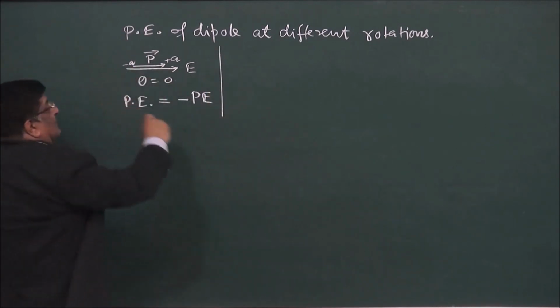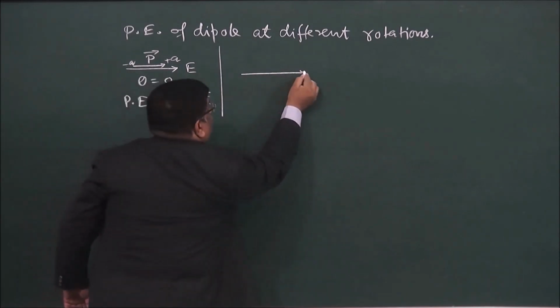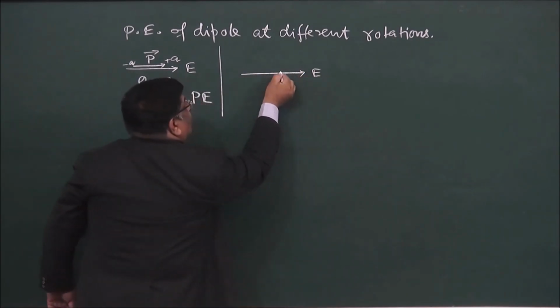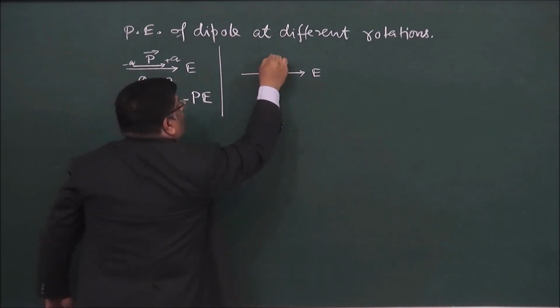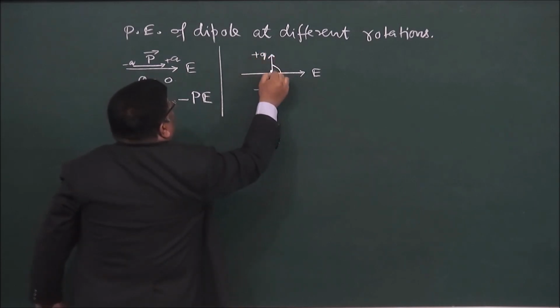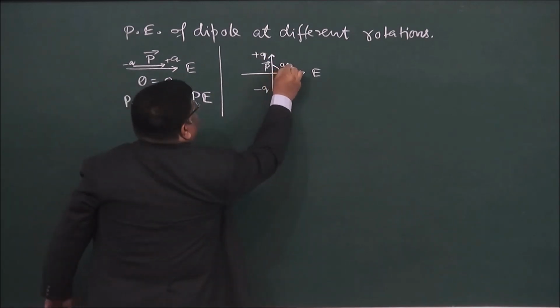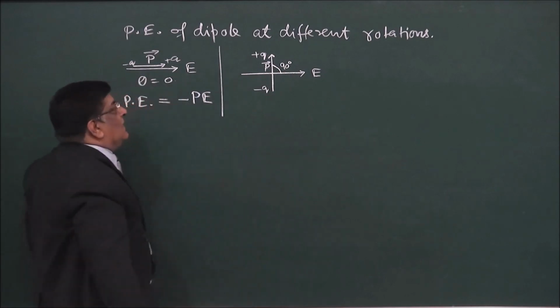Now rotate it. This is electric field, and we rotate the dipole up to this situation. This is minus Q, this is plus Q, and this is P. Okay, this angle is how much? 90 degree.